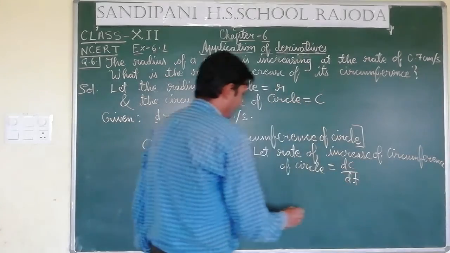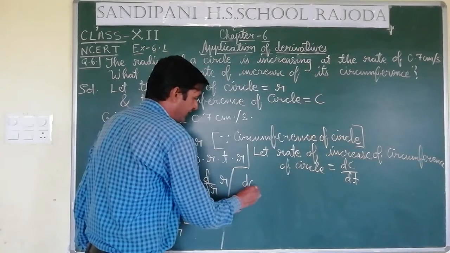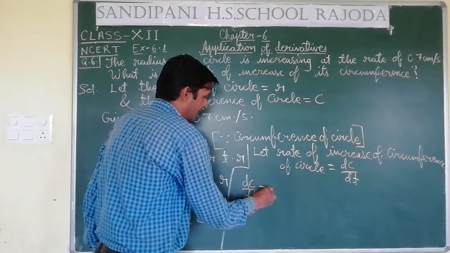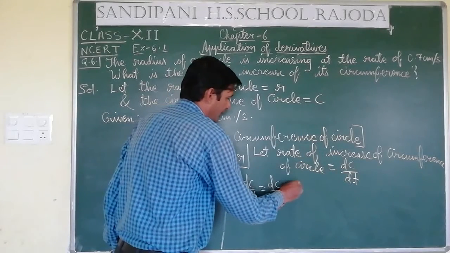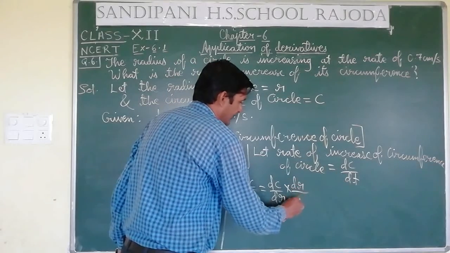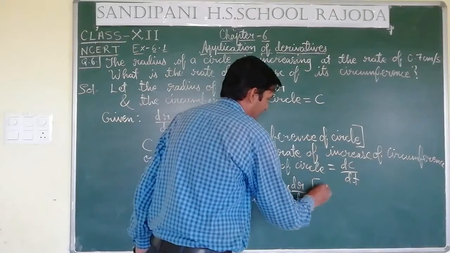So dC by dt, by chain rule what we can write? dC by dt is equal to dC by dr into dr by dt by chain rule.